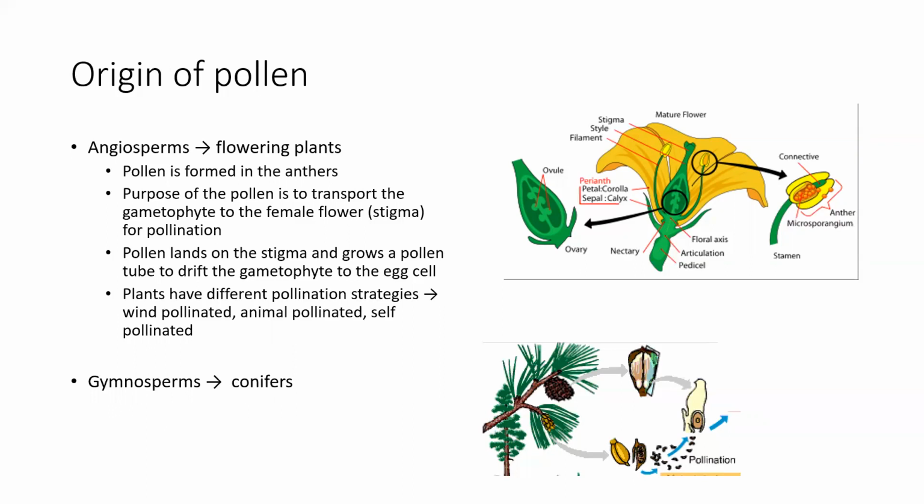When it's animal or self-pollinated, usually less pollen is produced by the species. And there are different methods of pollination between different species, between flowering plants, or for example in conifers.